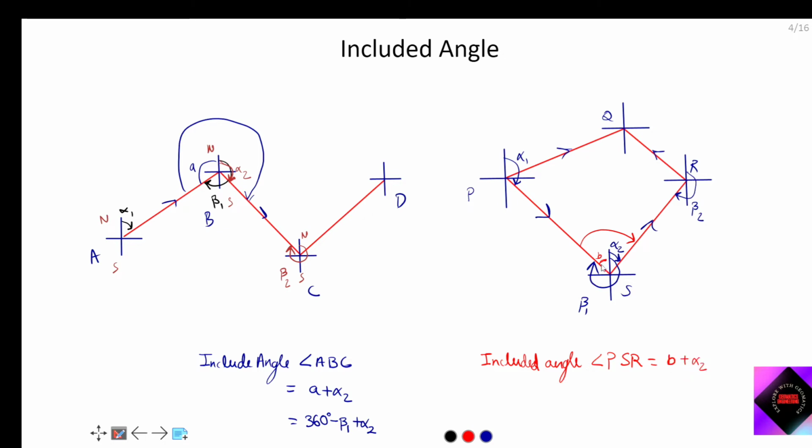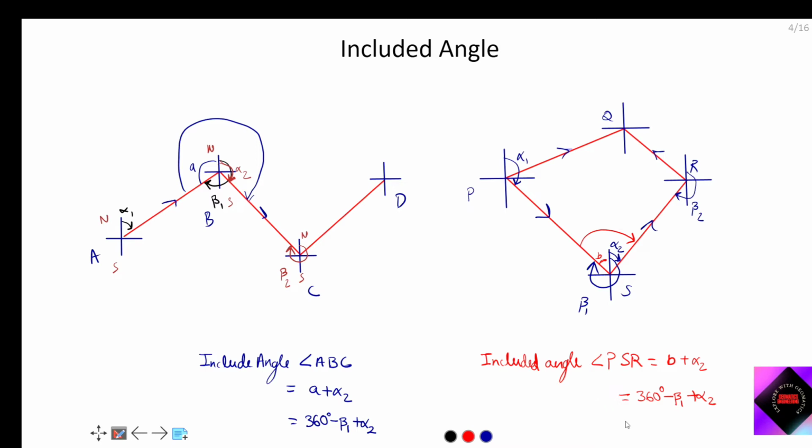Can we calculate B? B is nothing but 360 degree minus this much beta 1. So 360 degree minus beta 1 plus alpha 2. So in this way we can calculate any type of angles, either exterior or interior, with the help of fore bearing.